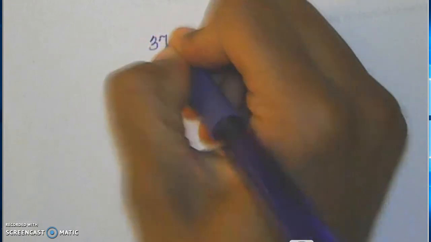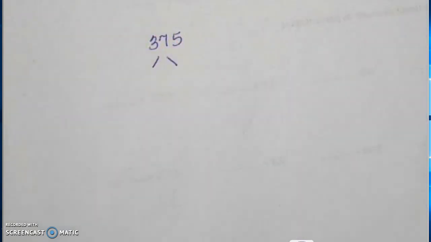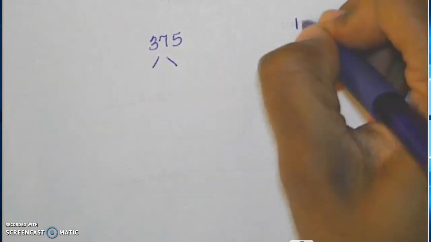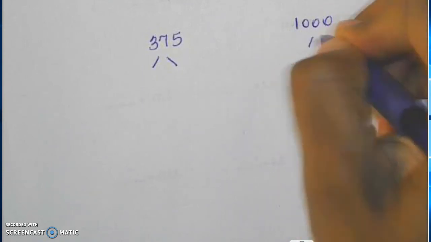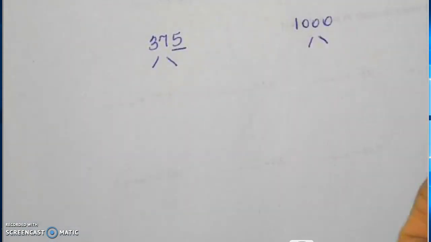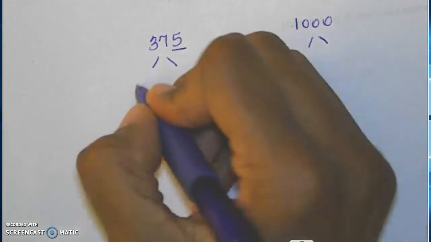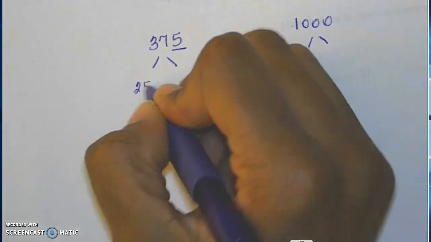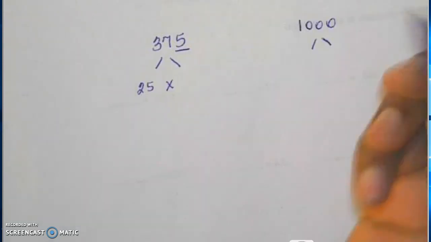So I'm going to do 375 and draw my branches. 1,000 and draw my branches. 375. Again, I know that it is divisible by 5. And because it's 375, I can think about dollars and quarters and how many quarters make up dollars. I know that I can multiply 25 times something to get 375.